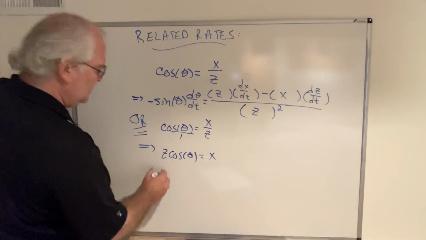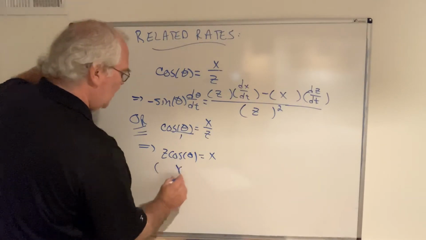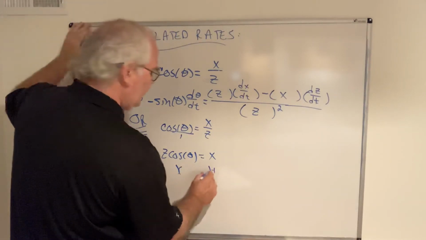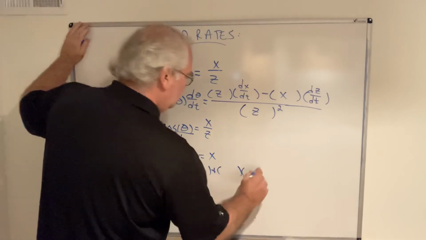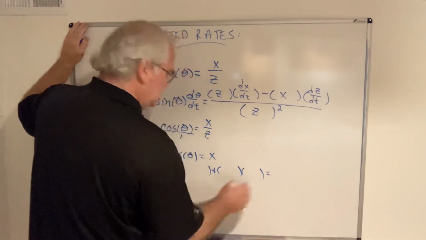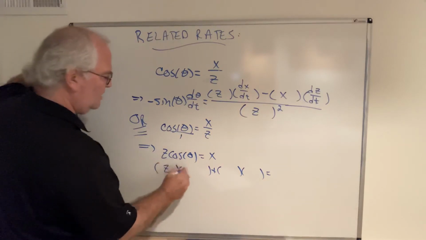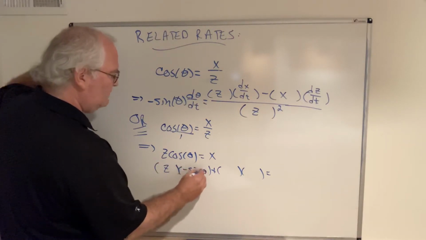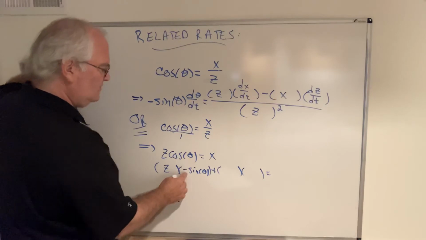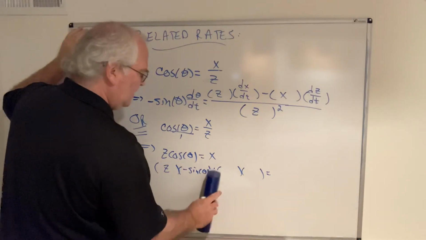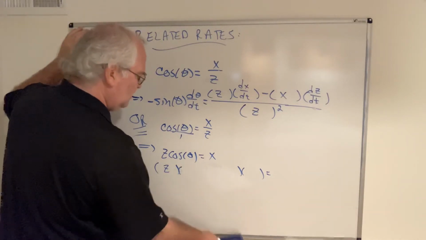In this case, if you did this, this would be first times derivative of the second plus second times derivative of the first is equal to, so this is first times derivative of the second, negative sine of theta. Make sure this is in parentheses.